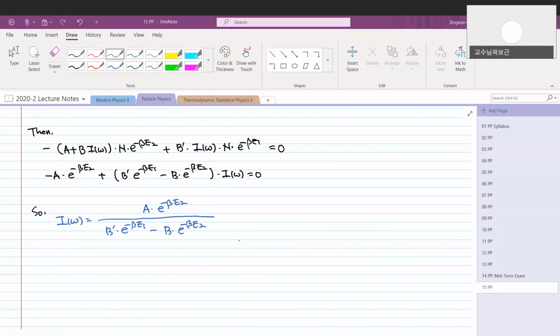So this can be quickly simplified. Let's multiply by exponential beta E2. Then you find that B prime exponential beta h bar omega minus B, over A. I define h bar omega equal to E2 minus E1.